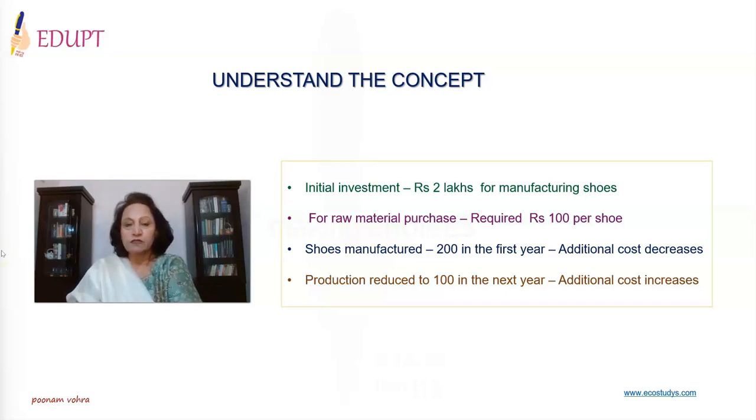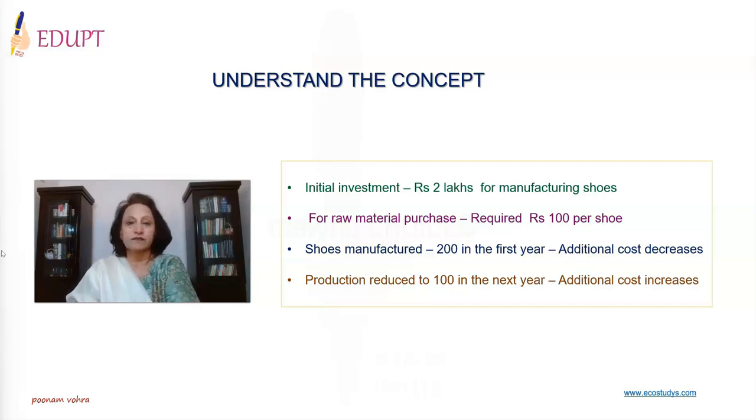Now what happens? More is produced during the specified time, so cost of production is less. Since more has to be produced, more will be purchased in bulk. So input cost will also be less. That means by producing more, additional cost incurred goes down.